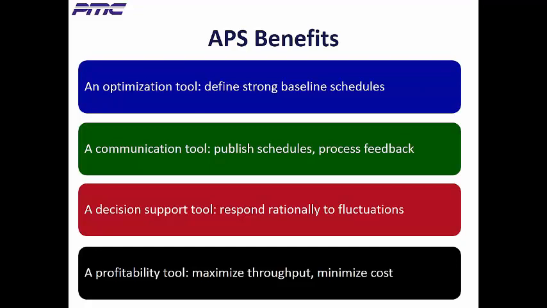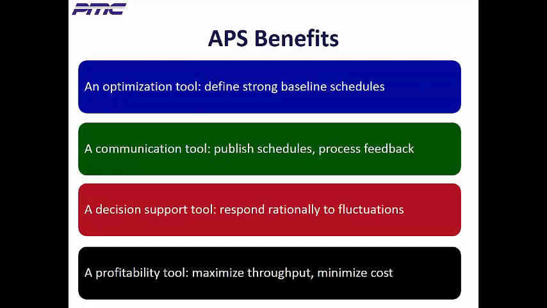It's very smart. Ultimately, it's not going to replace the production control team. It's going to help them make better decisions. It's going to help them understand, okay, this is the current global state of the system. Here now I can do some what-ifs to understand the ramifications of dealing with it in this particular way or that particular way, to respond rationally to fluctuations.